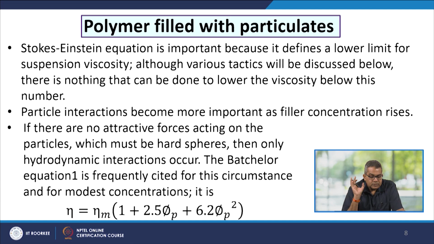Now, the Stokes-Einstein equation is important because it defines a lower limit for suspension viscosity. Although various tactics can be discussed, there is nothing that can be done to lower the viscosity below this particular number. The particles' interactions become more important as the particle concentration rises.